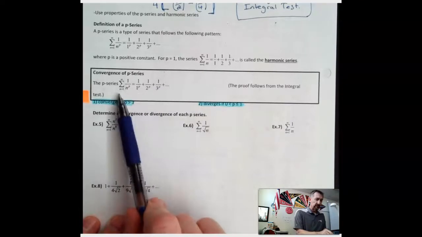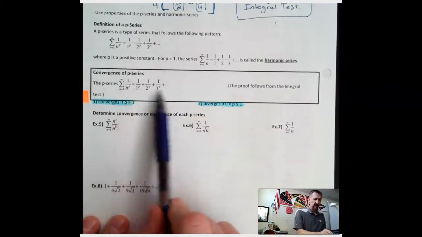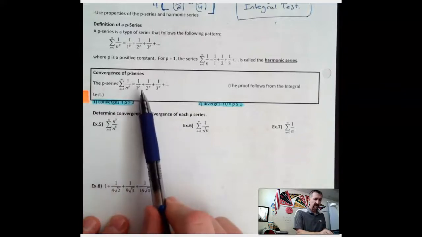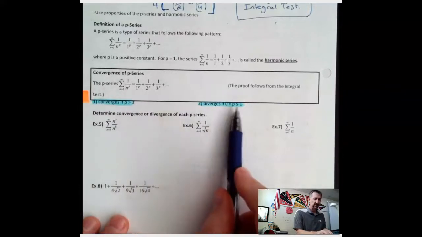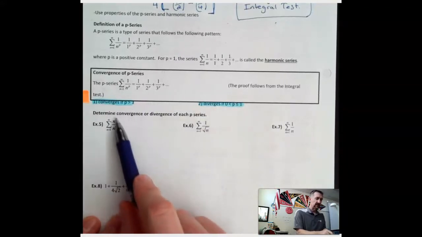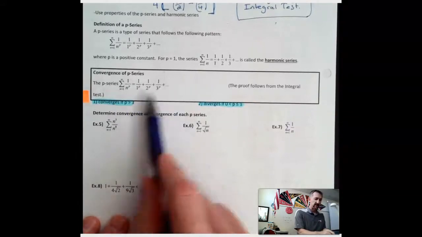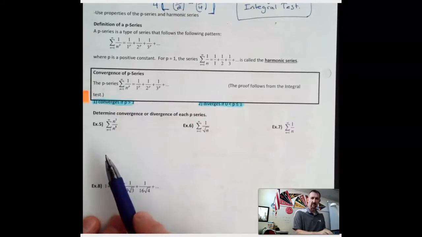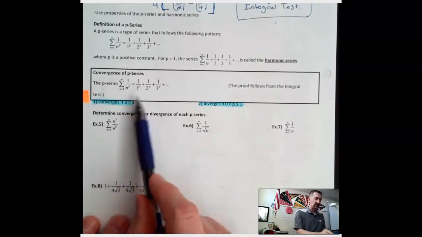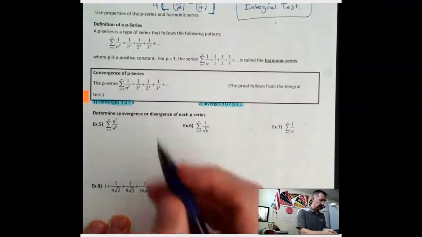If p is greater than 1, then this is going to converge. If p is between 0 and 1, including 1, then it's going to diverge. So all we have to do is take this, adjust it so that it fits this pattern, and then check out the value of p. And then based on these two things, we'll say what we want to say here.